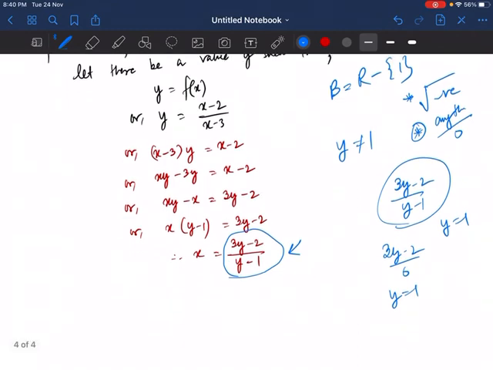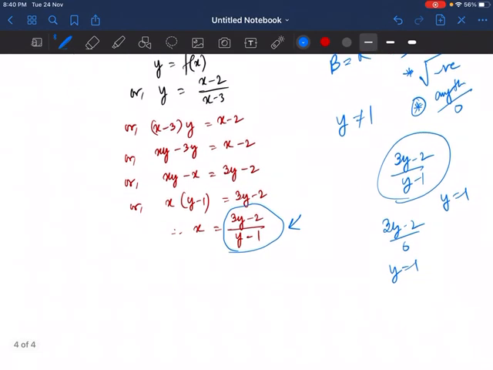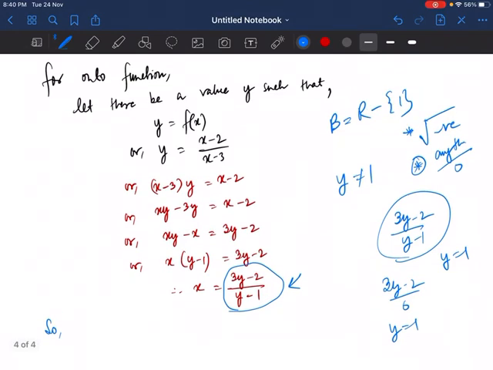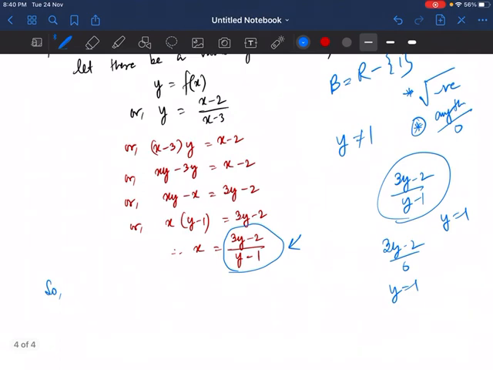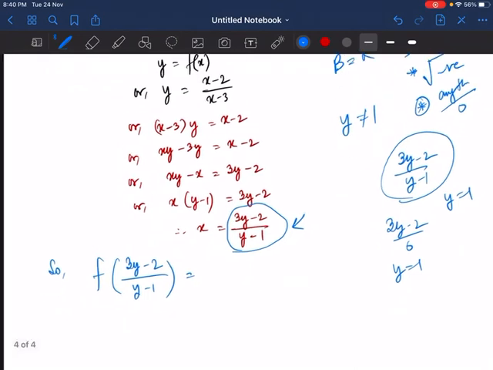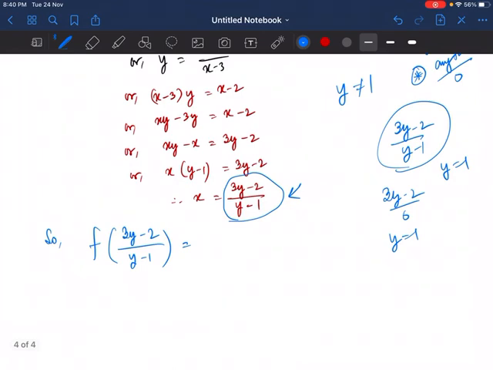Okay, so what we are going to write here? In place of x, we are going to write (3y minus 2) divided by (y minus 1). So f of (3y minus 2) divided by (y minus 1) is equal to what? We have to remember f(x) is equal to (x minus 2) divided by (x minus 3), right?